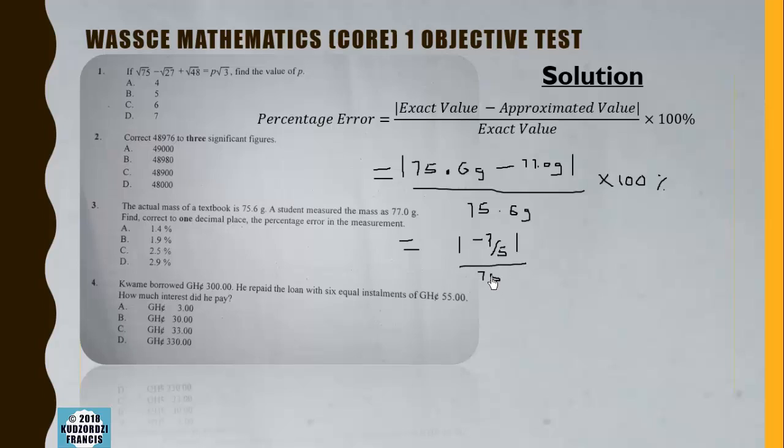all over 75.6 grams times 100%. And this is equal to 7 over 5 over 75.6 times 100%.